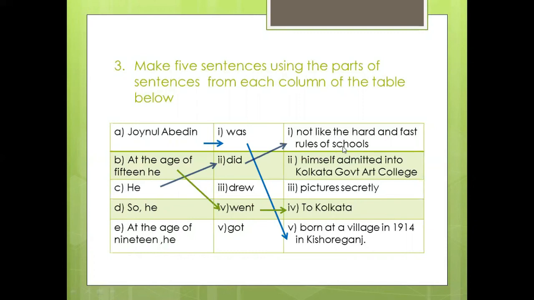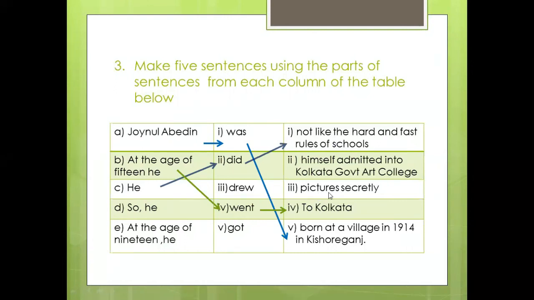See, at the first point we are writing a sentence about his birth, then comes his visit to Kolkata, and then comes his education. That is, he did not like the hard and fast rules of school.